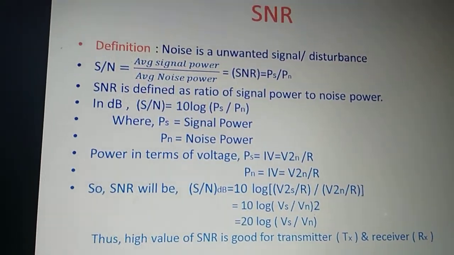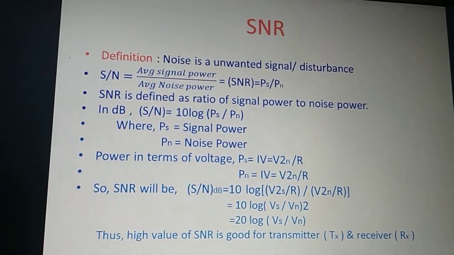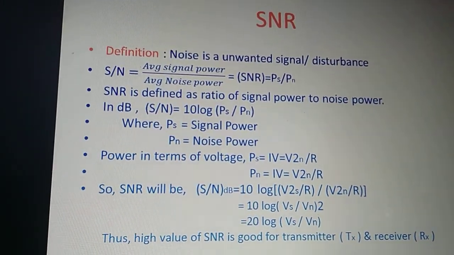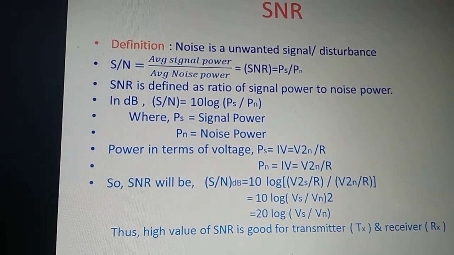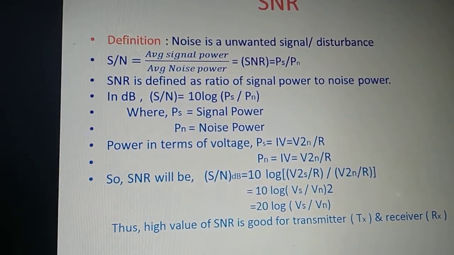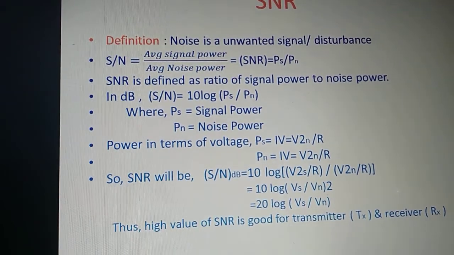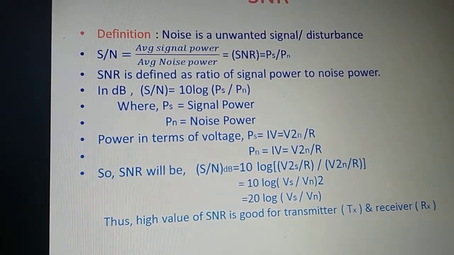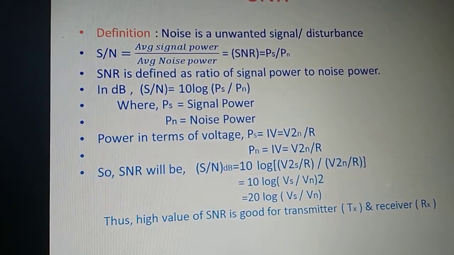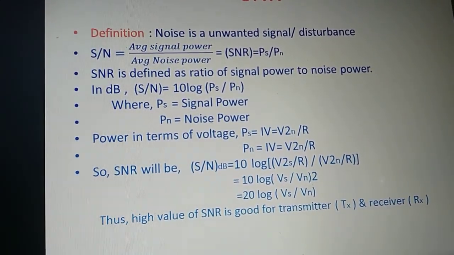Now let's move to the next topic, and the next topic is signal to noise ratio. You might be aware of the simple definition of noise: noise is an unwanted signal, or an unwanted disturbance created in the signal.